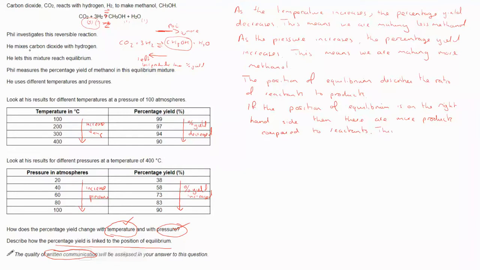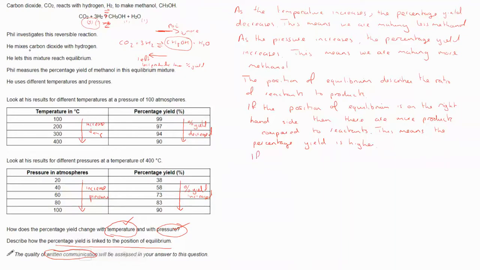This means the percentage yield is higher. And then we need to write out the converse for the position of equilibrium being on the left.